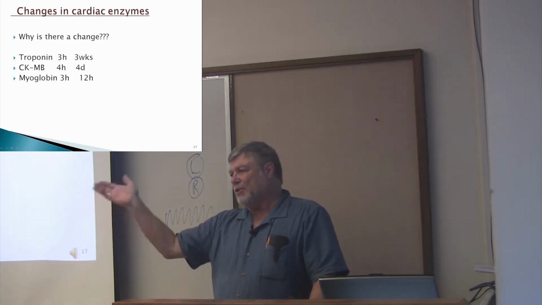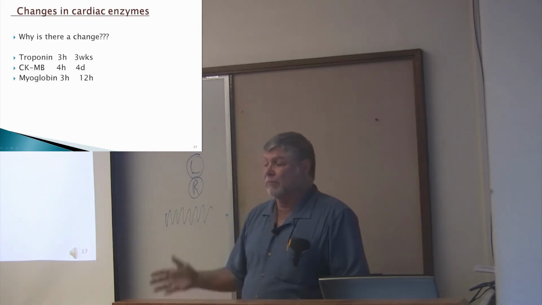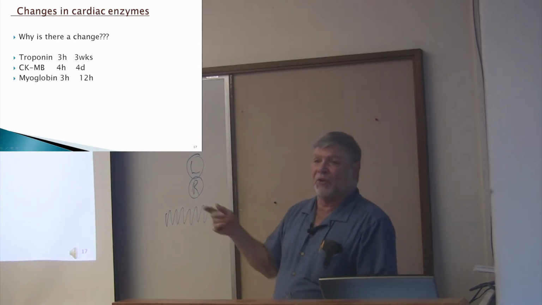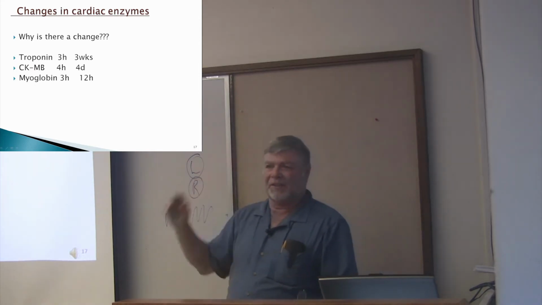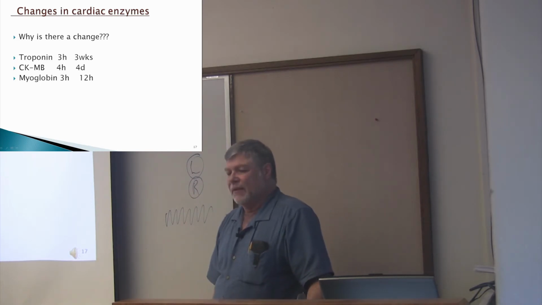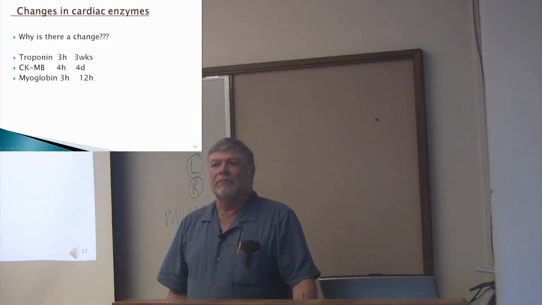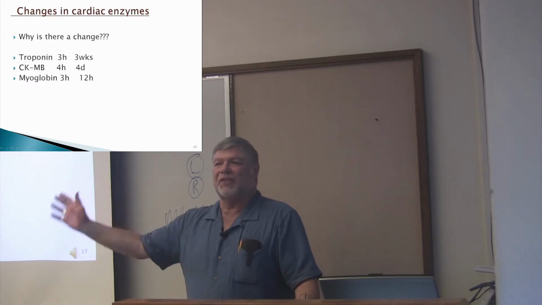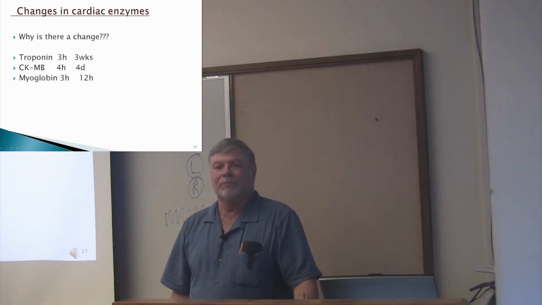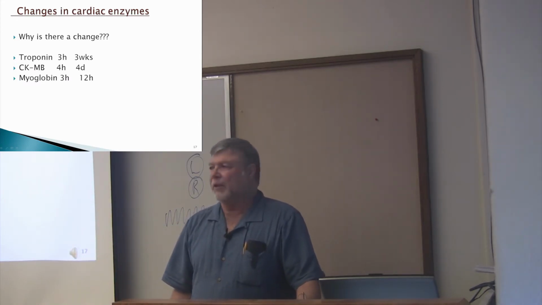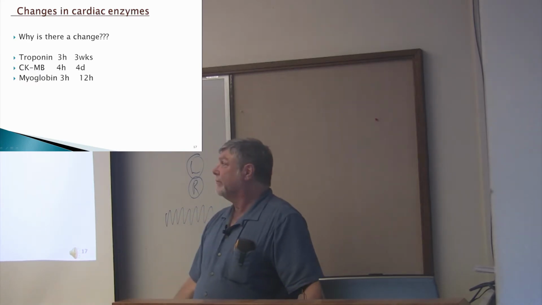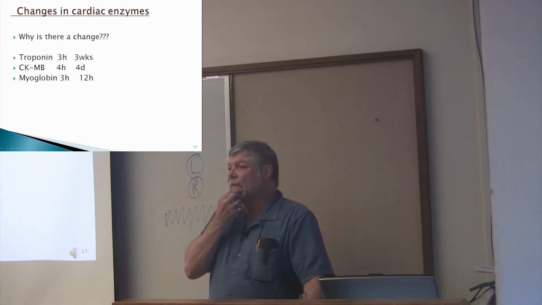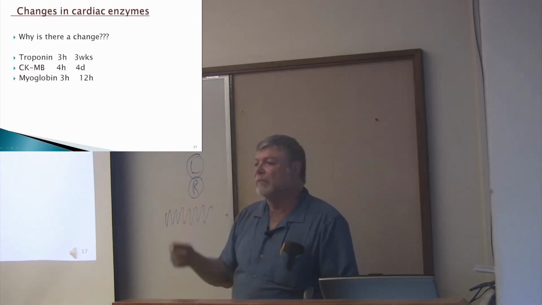So when you have that patient that comes in where the nitro doesn't resolve, and they do an EKG and they see ST elevation, they draw labs, right? They'll often just say, draw cardiac enzymes. What are they looking for? Any indication of cell death, not just heart cell death.